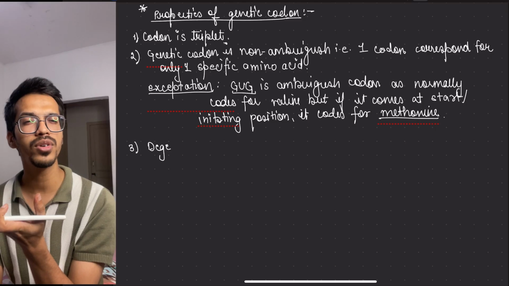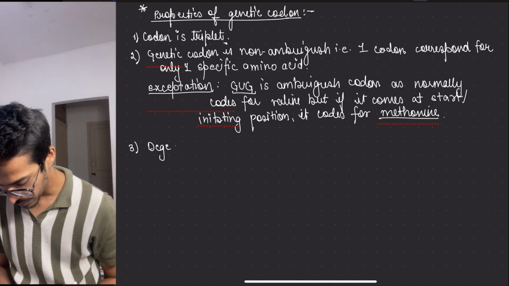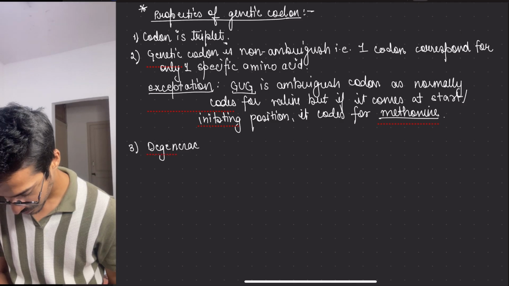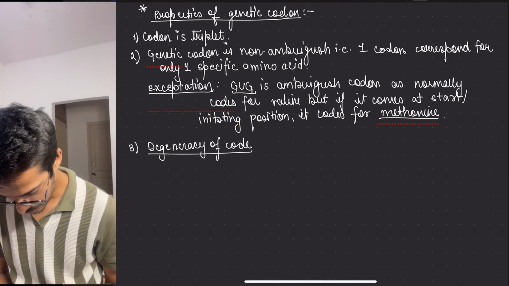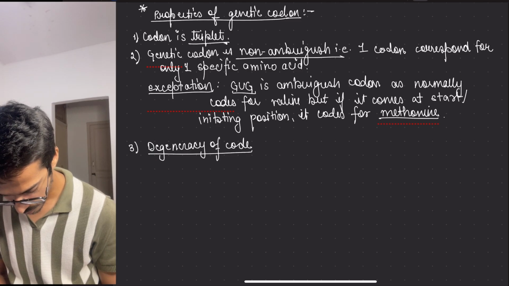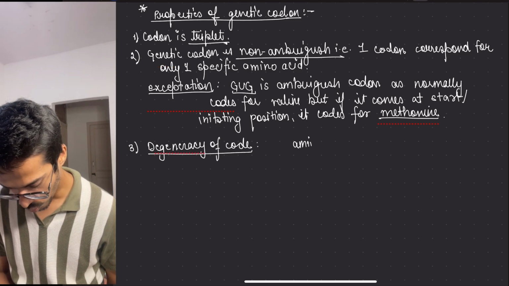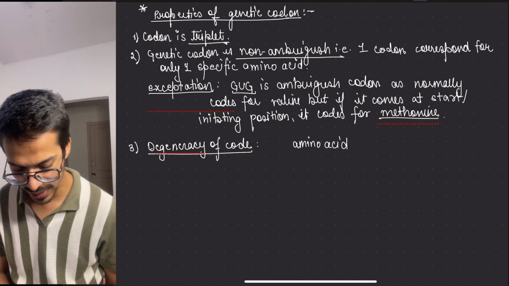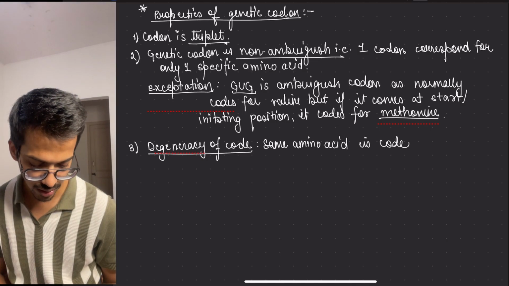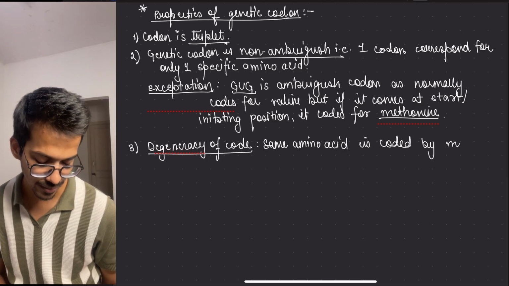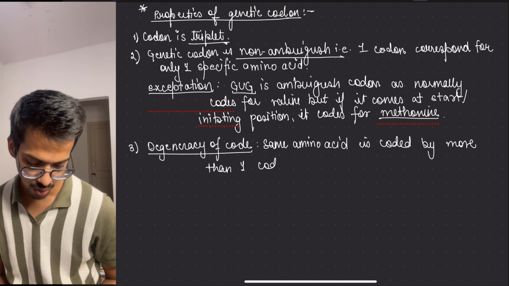If one codon is not coding, another will code for the amino acid in that place. Degeneracy of code means that the same amino acid is coded by more than one codon.